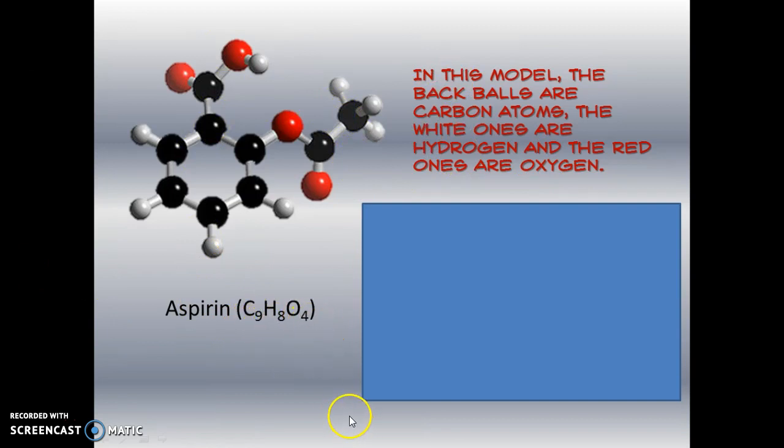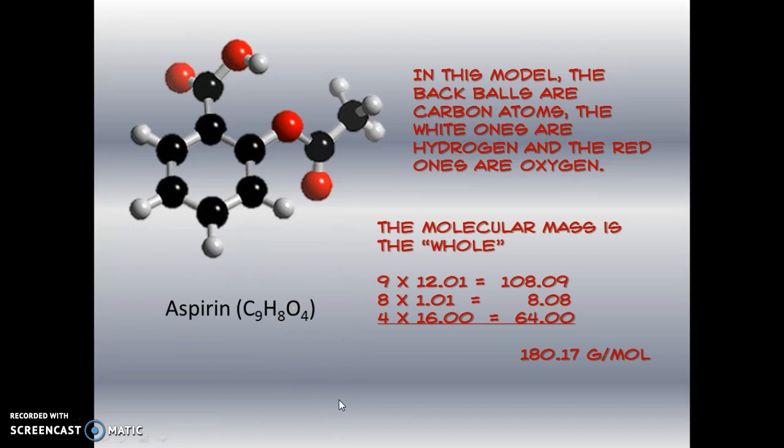and 4 oxygens. So if I want to know the percentage of, for instance, carbon in this compound, the first thing I'm going to do is find the molecular mass. This one is a molecule, so I can call it molecular mass. And that will become what we call our whole.